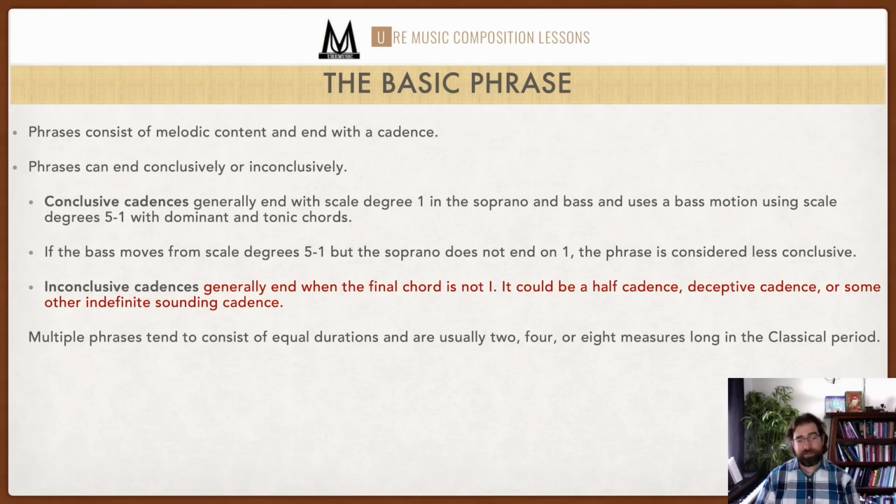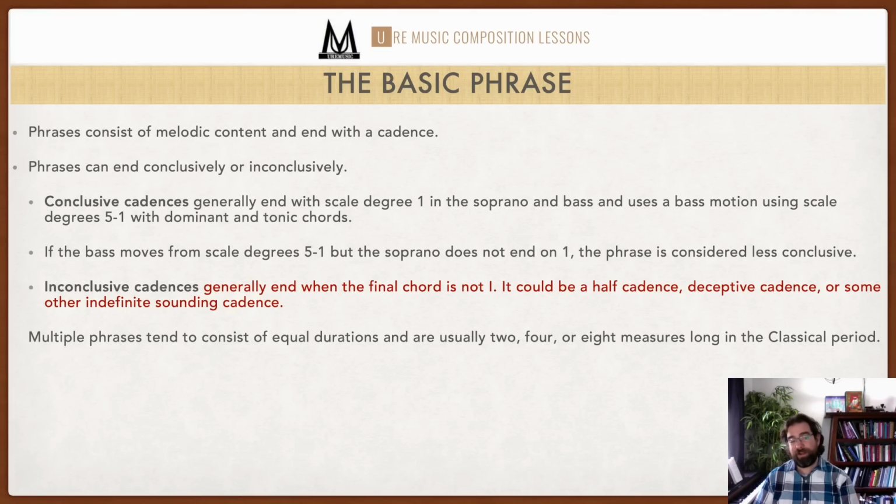It'll still sound like the phrase has come to an end because the melody will indicate that, but it will feel like it's not yet finished and that it has to go on to a second phrase to continue the idea that was started in the first one. As you can imagine, we typically use conclusive phrases to end a piece, and we use inconclusive phrases to create forward motion and propel the listener from the first phrase to the second phrase and so on.